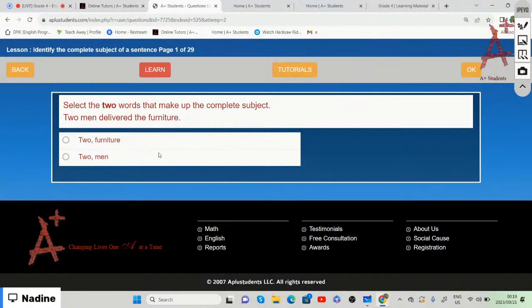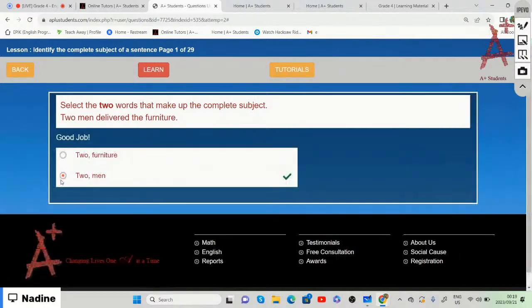So who delivered the furniture? You need to ask yourself who delivered the furniture. If we select our complete subject, then it will be two men. So who delivered the furniture? The two men, which is the subject.